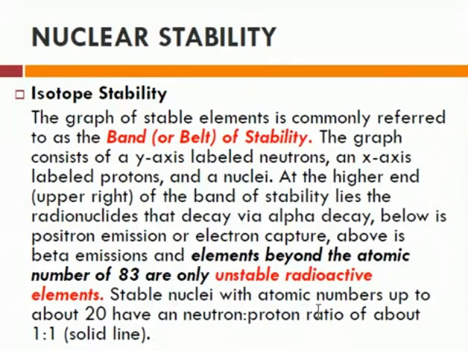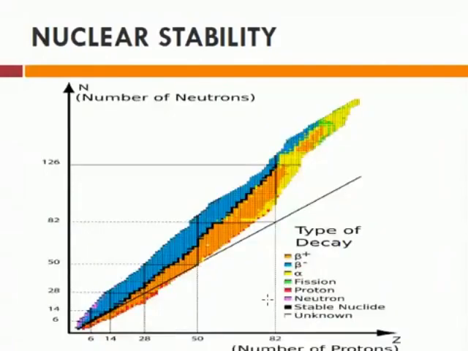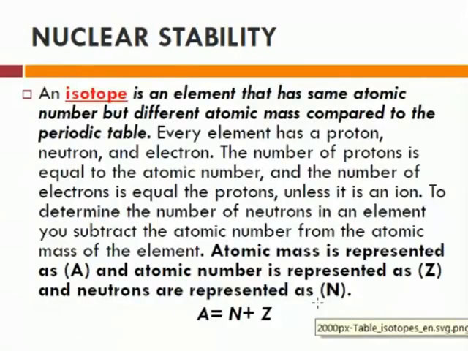Stable nuclei with atomic numbers up to about 20 have a neutron to proton ratio of about 1:1. An example of that is the solid line here. We're going to discuss the types of decay later.